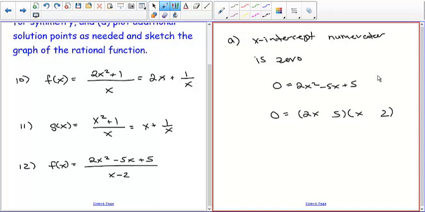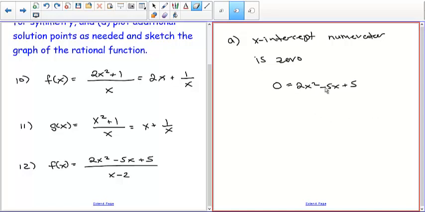This is positive, so they'd either be both negative or both positive. So we had 5 plus 4 is 9, which is not 5, so that's not going to work. Because the first term is a 2, it might make more sense to use the quadratic formula. So I'm going to say a is 2, b equals negative 5, c equals 5.